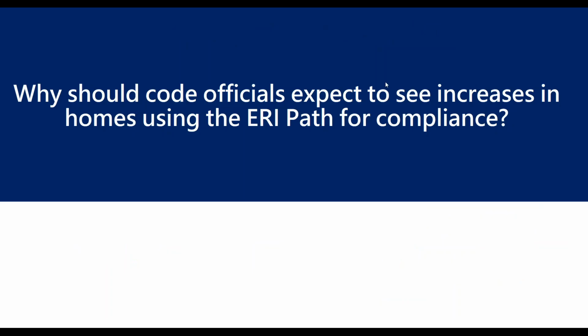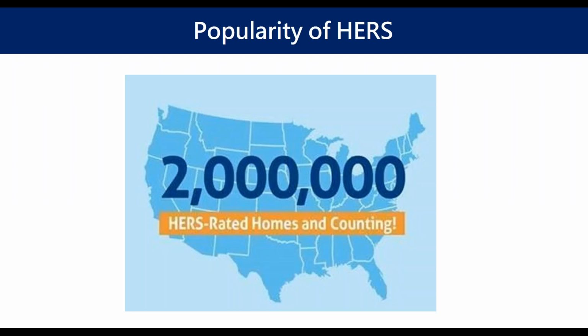So why is it that code officials should learn more about the ERI and understand it? I think one of the reasons is that you're going to see an increase in homes that are demonstrating compliance using the ERI path, and I'll get into some of the detail of exactly why I think that is coming up. First of all, the popularity of the HERS index has increased significantly just within the last 5 years.